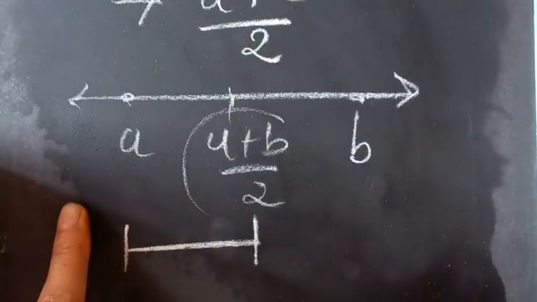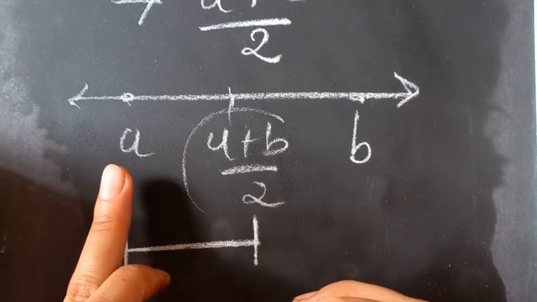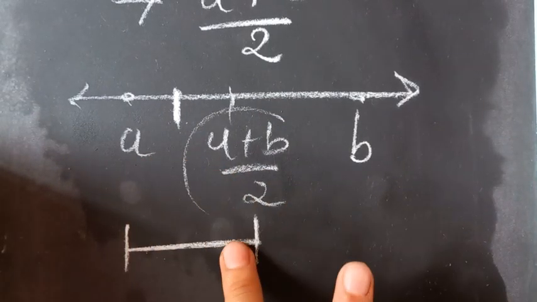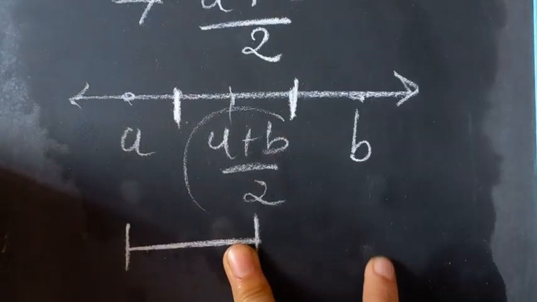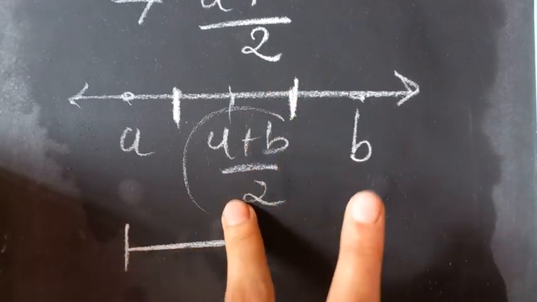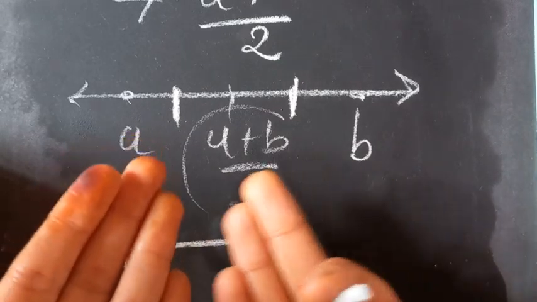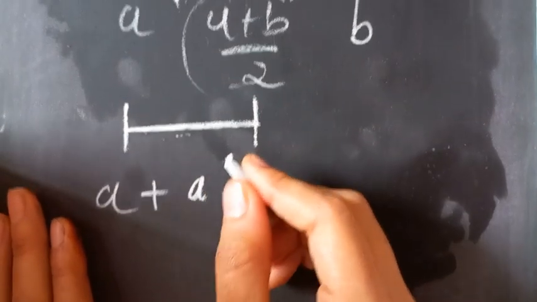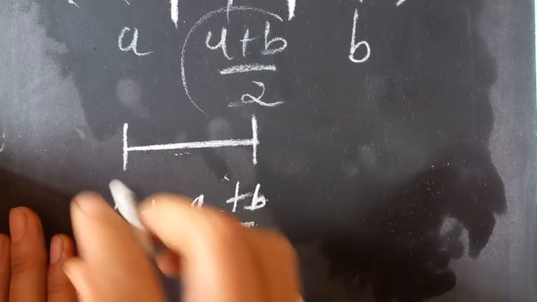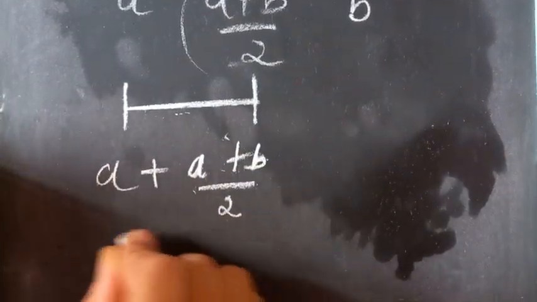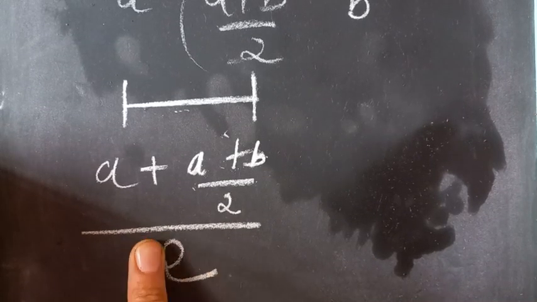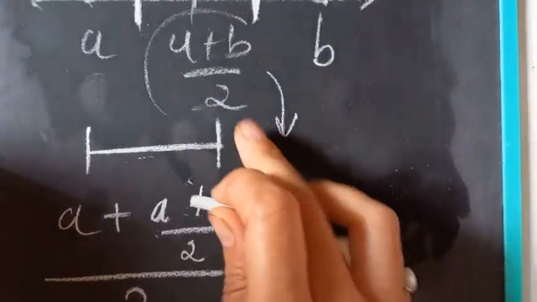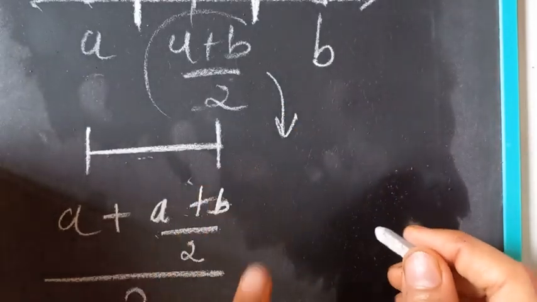One rational number we found, (a + b)/2. Now if we take the mean of these two, we find a number between them, and if we take the mean of the other two numbers, we find one rational number between those.